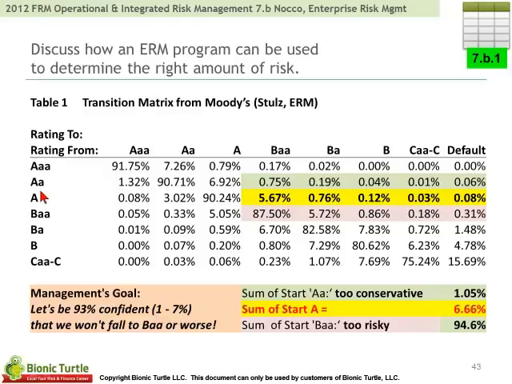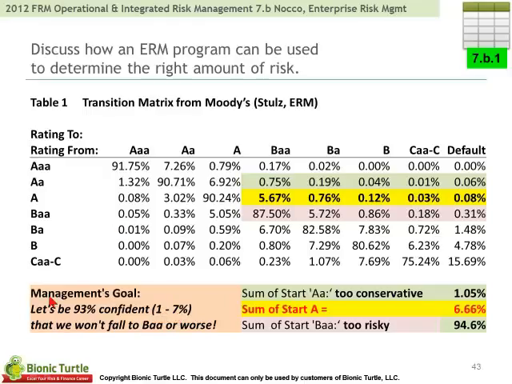And so right in the middle here, it's sort of a Goldilocks, right? This is just the right amount of risk. If they currently target an A rating at the beginning of the period, then the yellow bar indicates, if we sum those probabilities, the probability that by the end of the period they will migrate to BAA or below, and there's a 6.66% chance of that happening, which is the nearest one in alignment to the articulation of their risk appetite.